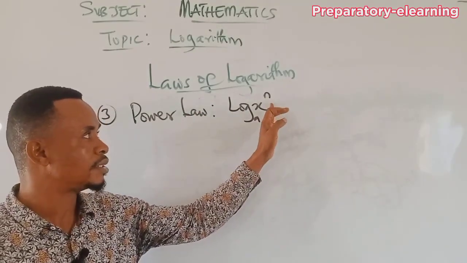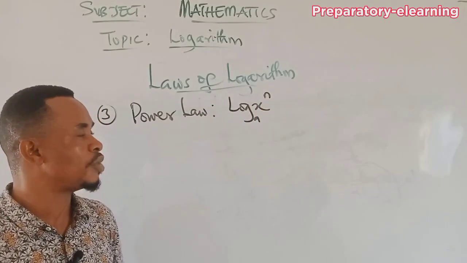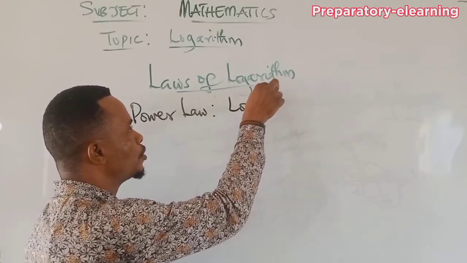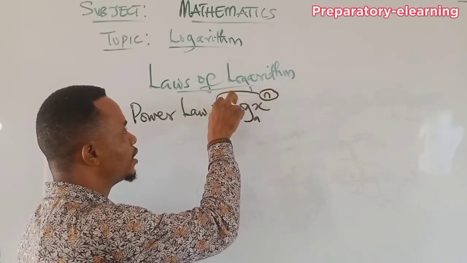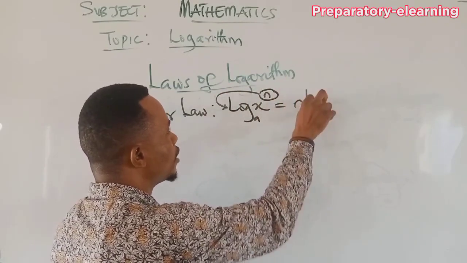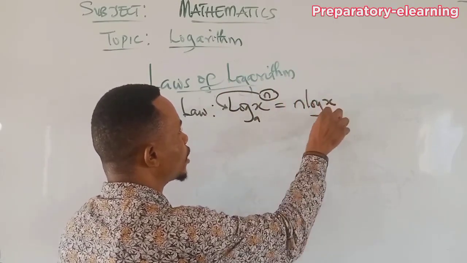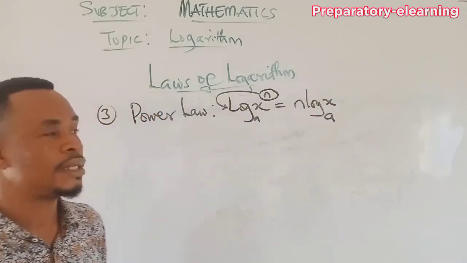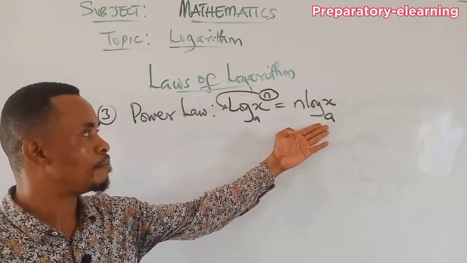But to simplify this, since we have n here as the power, what do we do? Move it behind the log. So what do we have there? This is going to be n log x base a. That is how to simplify that. That is our power law.